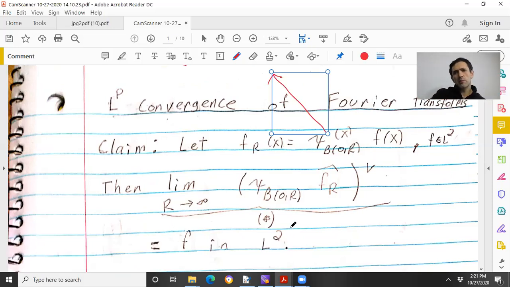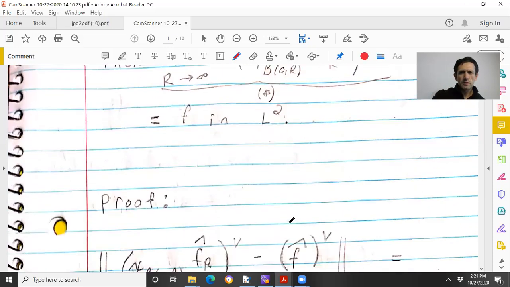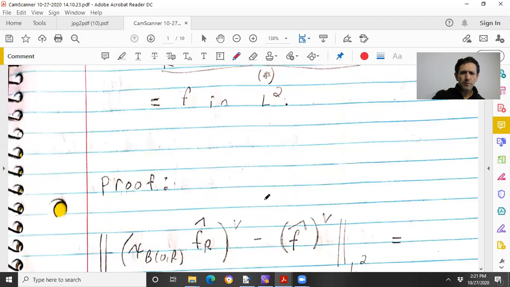And this is really pretty easy thanks to Fourier inversion and the isometry property of the Fourier transform in L2. In particular, we can just write f as the inverse Fourier transform of the Fourier transform. That's just Fourier inversion for L2 functions.